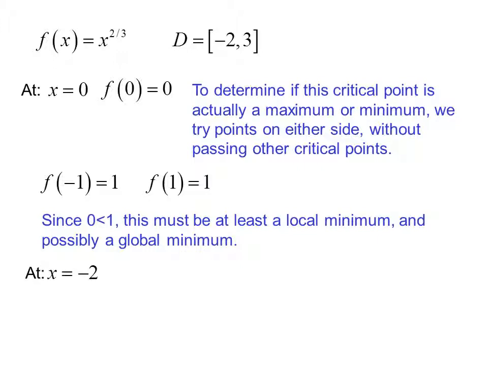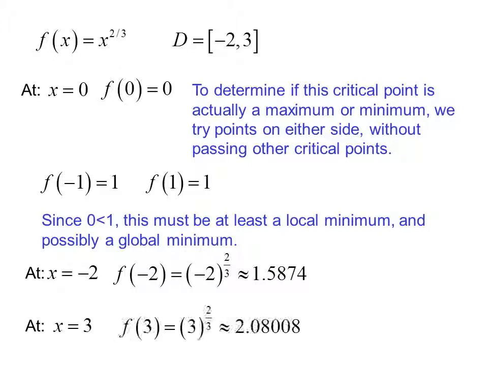At x equals -2, f of -2 equals (-2) to the 2/3, which is approximately 1.5874. At x equals 3, f of 3 equals 3 to the 2/3, which is approximately 2.08008.